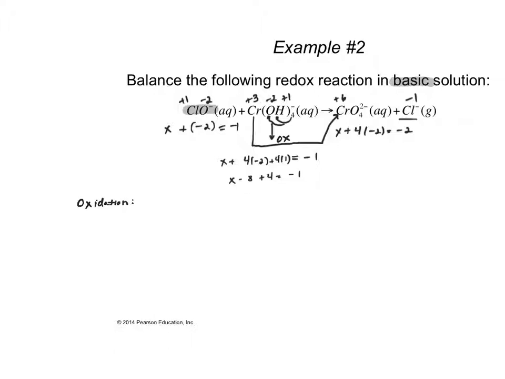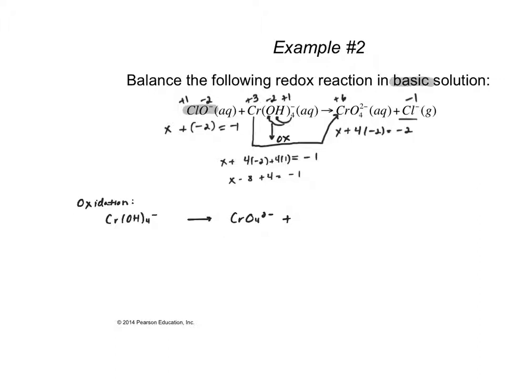So we'll go ahead and write out Cr(OH)4- going to CrO4 2-. If you're oxidized, you lose electrons, so would you think electrons would be a product or a reactant here? You lost them, they've gone away, so now they are unfortunately a product, right?